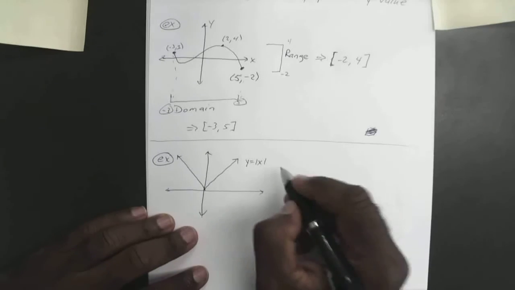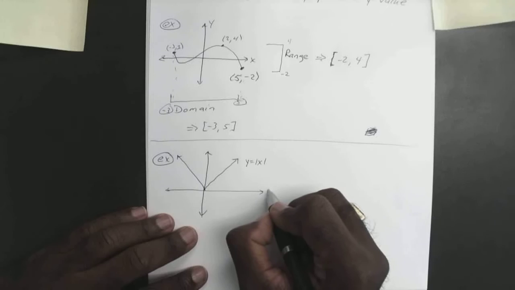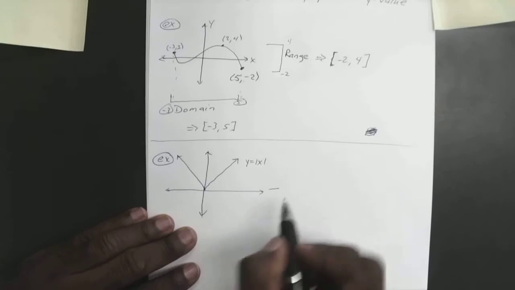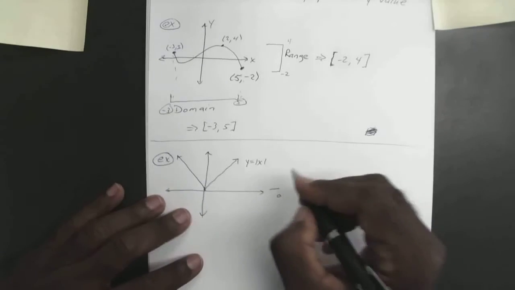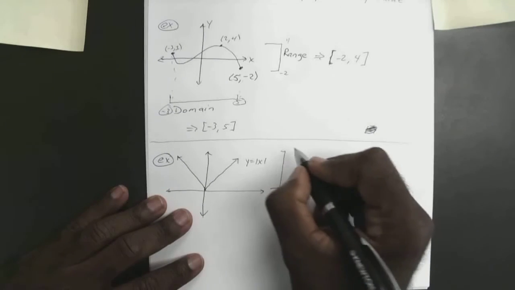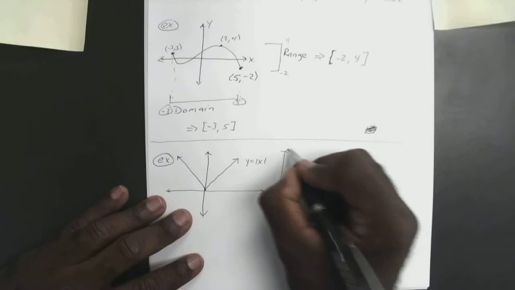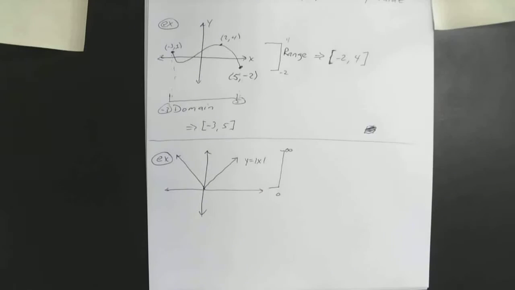So you know your range starts at 0, but the arrow is letting you know that it's going up forever, all the way up to infinity.